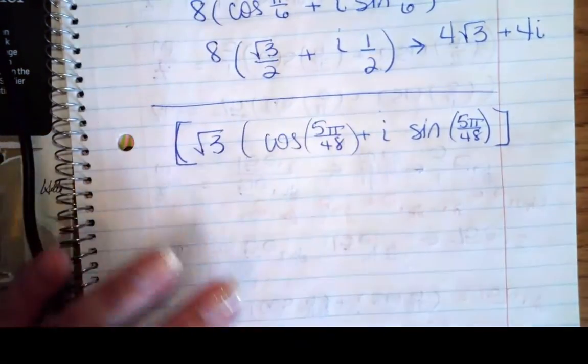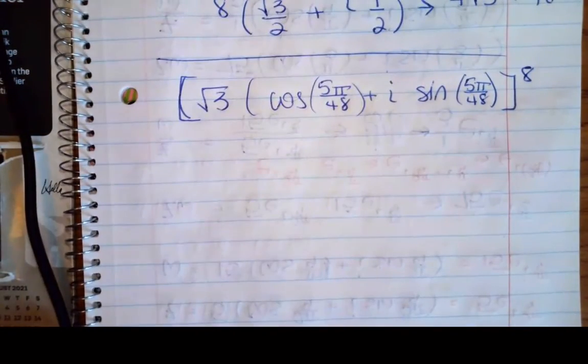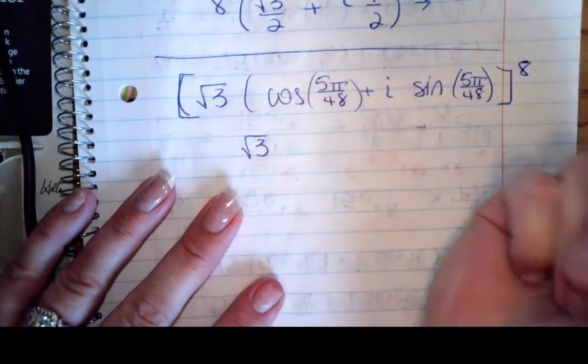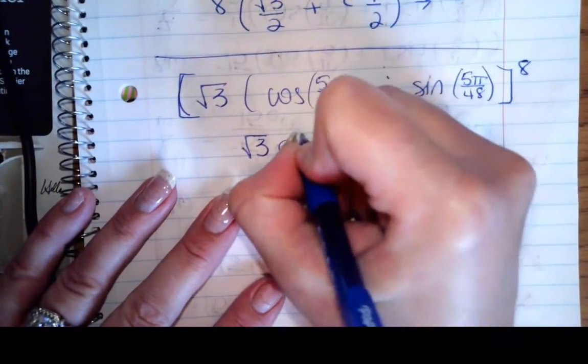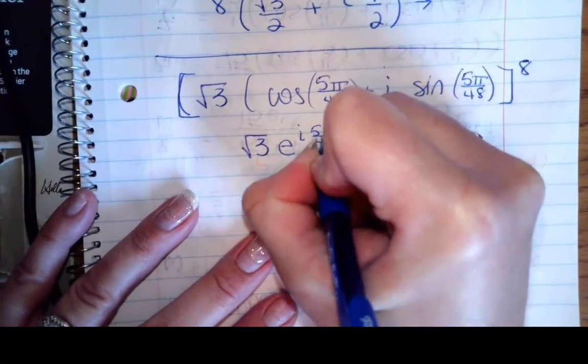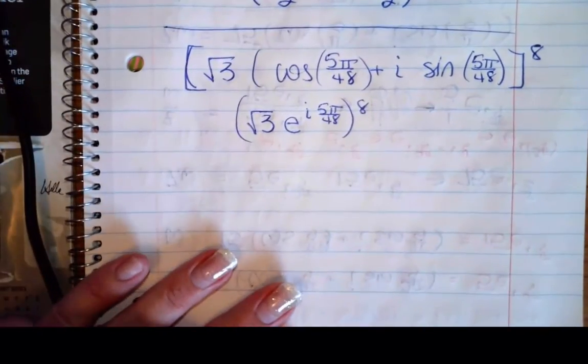And I'm going to take that thing to the 8th power. So again, it's going to be a whole lot easier if we go exponential first. So what's my radius? It's root 3. And then I've got e raised to the i 5 pi over 48, but I'm going to raise that whole thing to the 8th power.